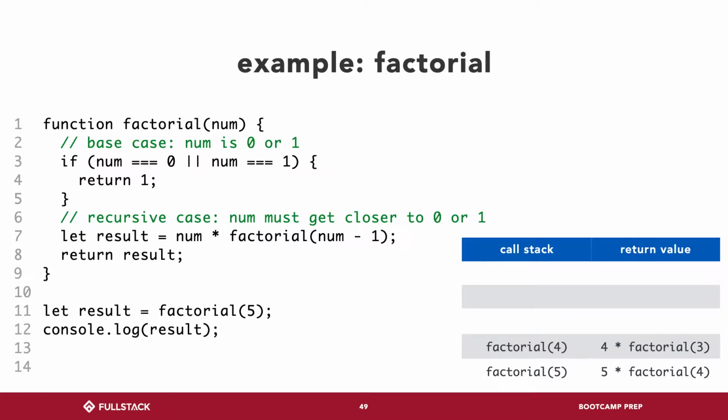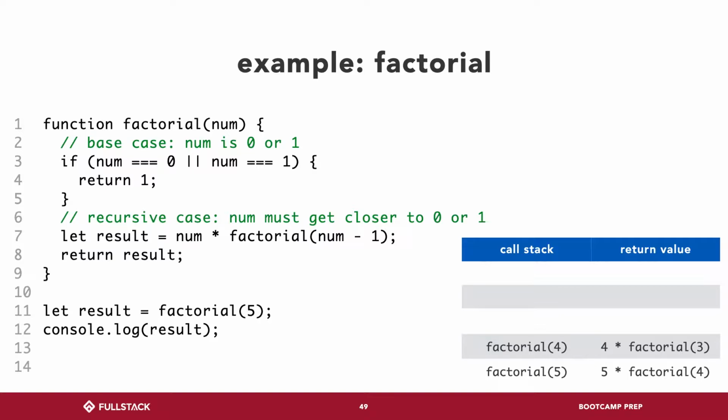That gets called because you're calling it here, so that goes onto the call stack, factorial of 4. Factorial of 5 is not done running, it's paused, because we have to find out what this is first. So 4 times factorial of 3 will be the return value of that, because it's not equal to 0 or 1. 4 is num, times factorial of 4 minus 1, 3.